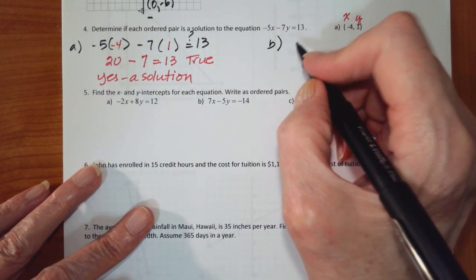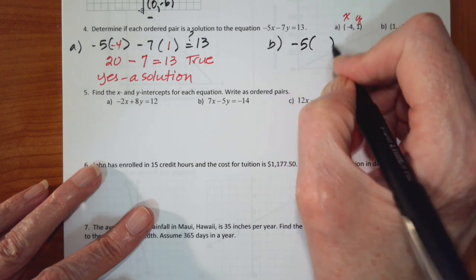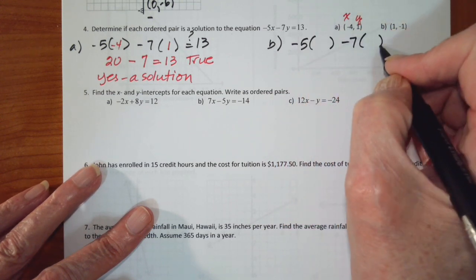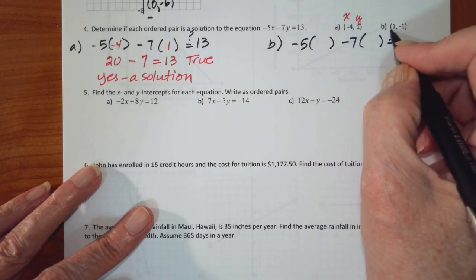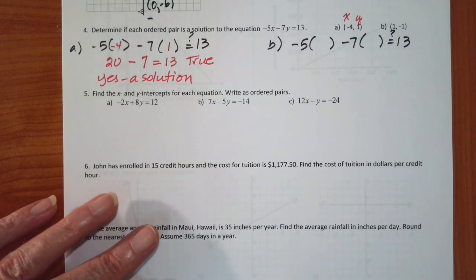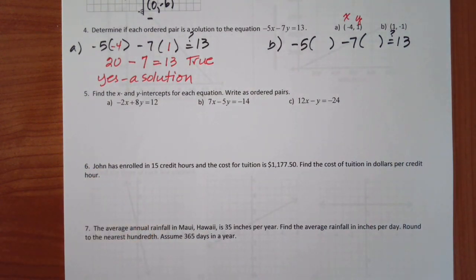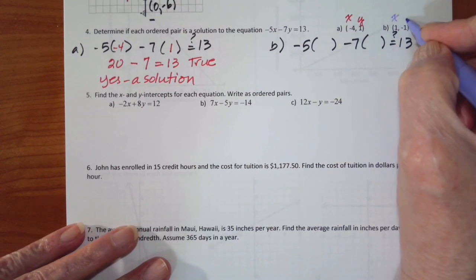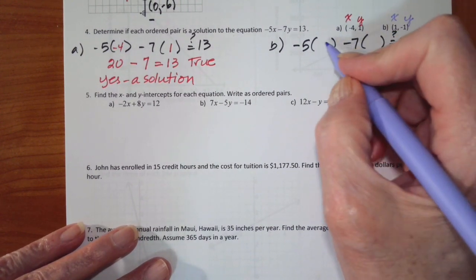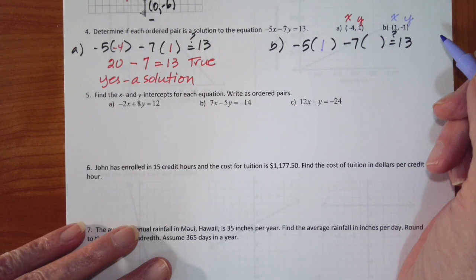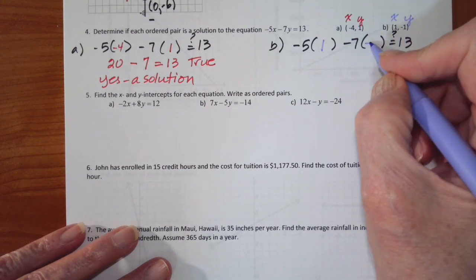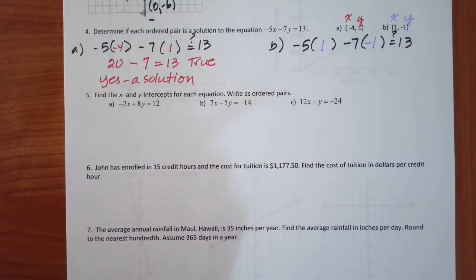For B, I'm going to do the same thing. I'm going to plug the values in and see if it makes it true. So this again is my x, and this is my y. So I want to know if negative 5 times 1 minus 7 times negative 1 is equal to 13.